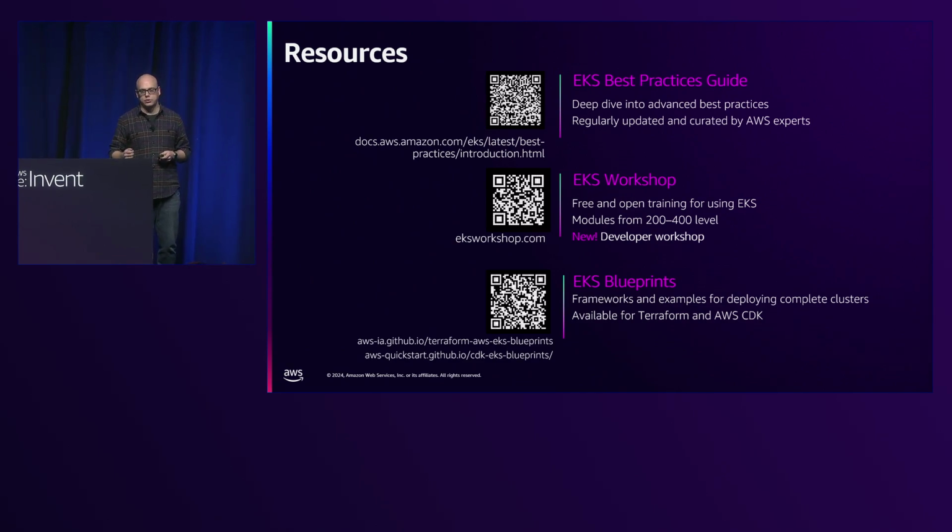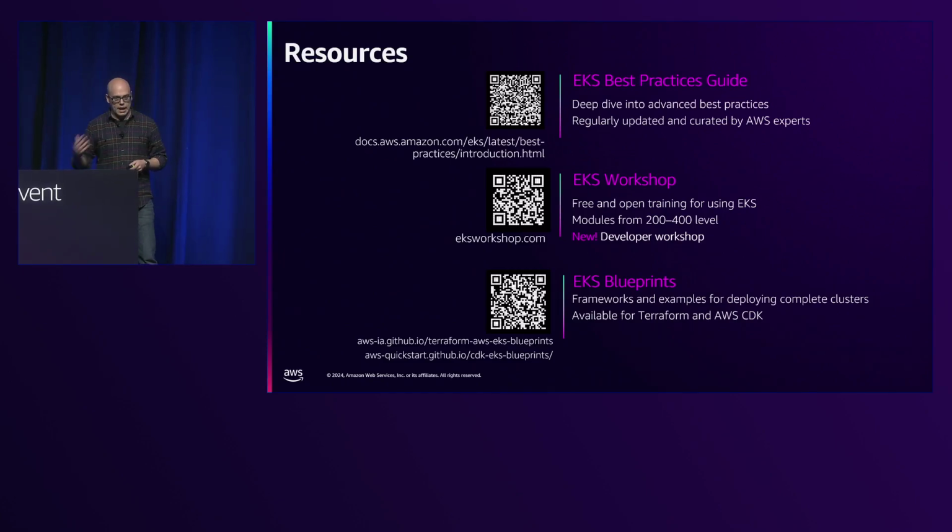It's a great guided tour of creating a cluster, configuring it, installing applications on it, like monitoring stacks, and other add-ons. It's really, really helpful. And then also we have EKS blueprints that we provide. These are sample configurations for Terraform and AWS CDK to help you get up and running and started very quickly with EKS.